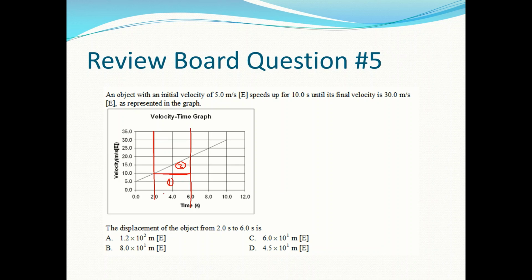My base for this one is 4, and my height is 10. And my base for this one is 4, and my height is 10 as well. But for the triangle, we have to divide it by 2. So 4 times 10 is 40, and 4 times 10 is 40 as well, but that's divided by 2, so that's 20. So the answer is 60. So C is the correct answer.